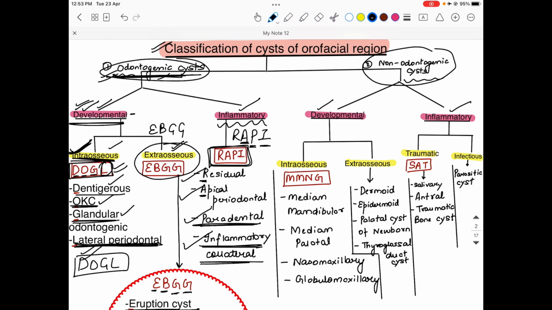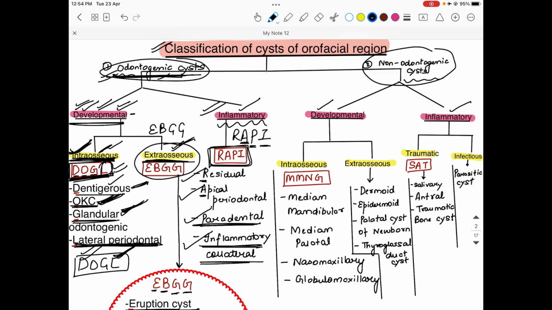I again repeat, odontogenic divided into two parts, the developmental and inflammatory. Developmental again divided into two parts, intraosseous and extraosseous. For intraosseous, I told you to remember DOGL, which stands for dentigerous, odontogenic keratocyst, glandular odontogenic cyst and lateral periodontal cyst.